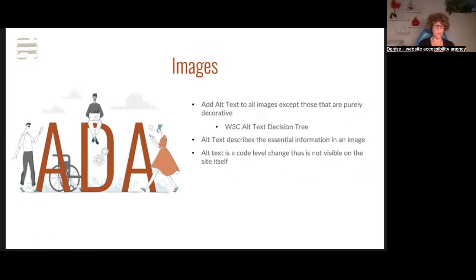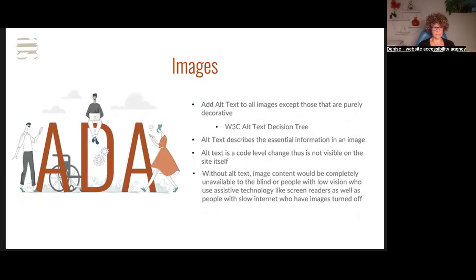People always ask me, wait, every single image is going to have this sentence of text? No, it's on the code level. But without alt text, images are completely unavailable to someone who is blind or with low vision, or again, if they have their images turned off. We want them to be able to have that same information that somebody who is sighted has.